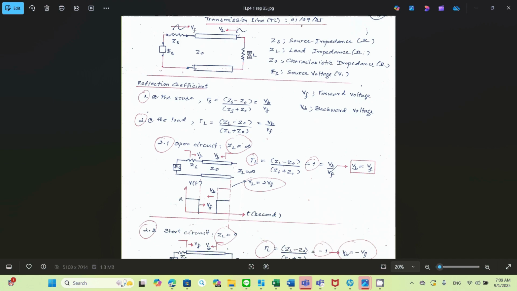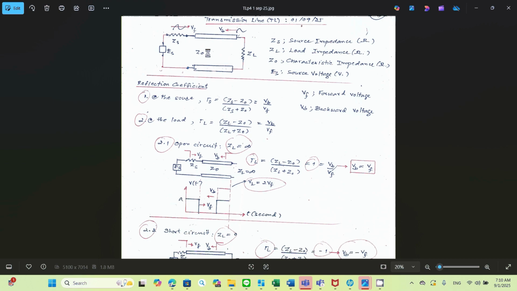Z0 is the characteristic impedance of the transmission line. It doesn't matter how long your transmission line is, your Z0 is still the same. This is the unique property of a transmission line.